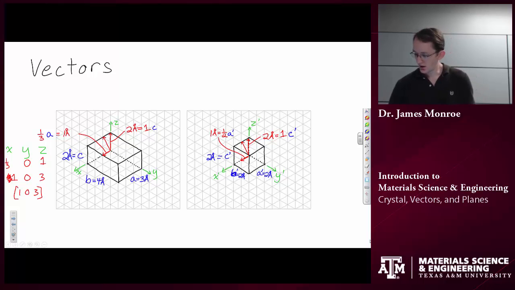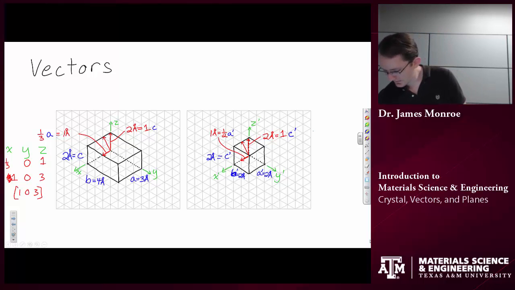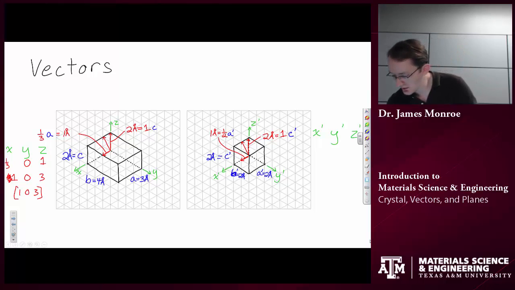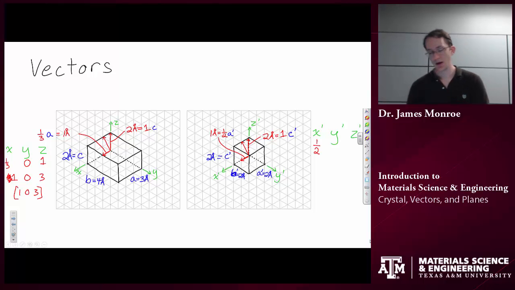Now, if we look on this other side, on the cubic system, x prime, y prime, and z prime, what we'd see is that in the x direction, instead of going 1/3 of the unit cell length, we only go 1/2. In y prime, there's no component, and therefore it's 0. And z is the same as in the orthorhombic, and therefore it's 1 unit cell edge length in the z direction.